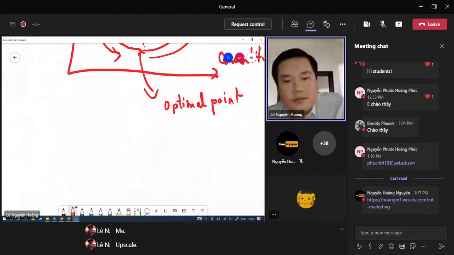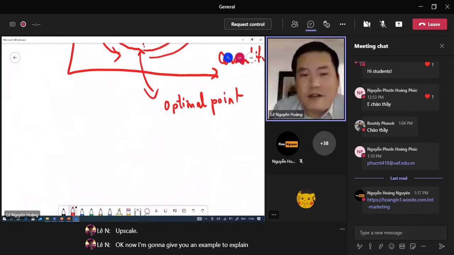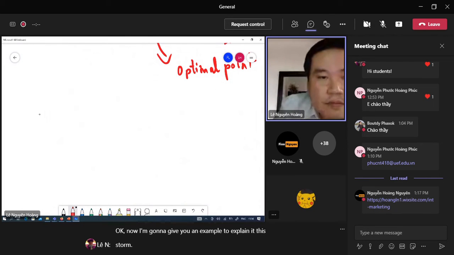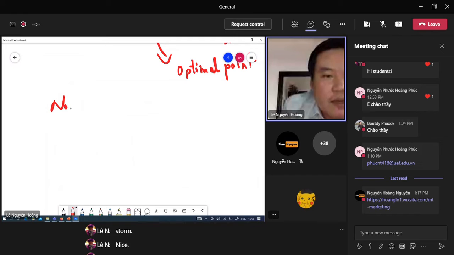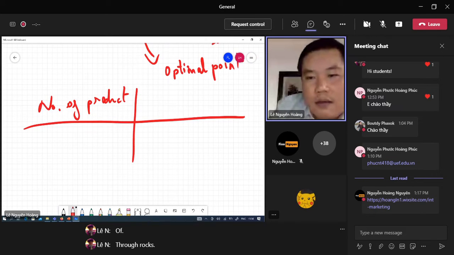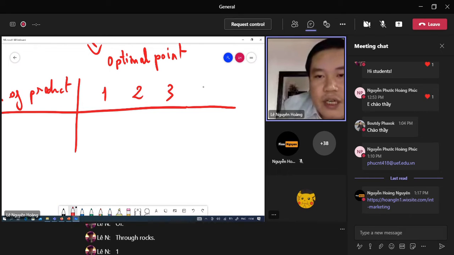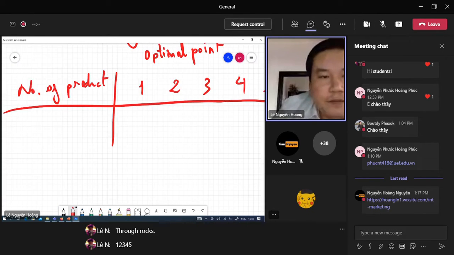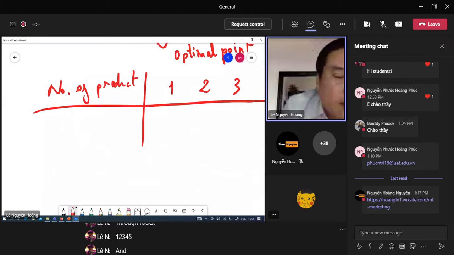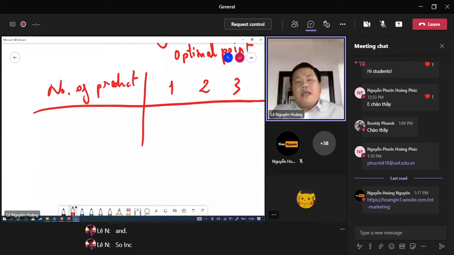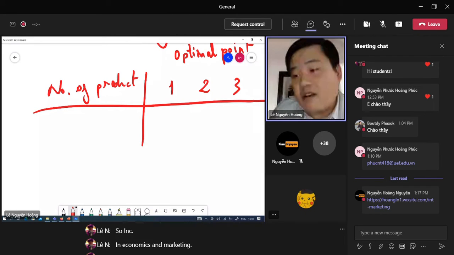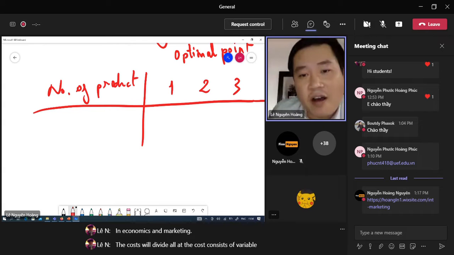Okay, now I'm going to give you an example to explain this term. For example, number of products: 1, 2, 3, 4, 5. In economics and marketing, the cost consists of variable cost and fixed cost.